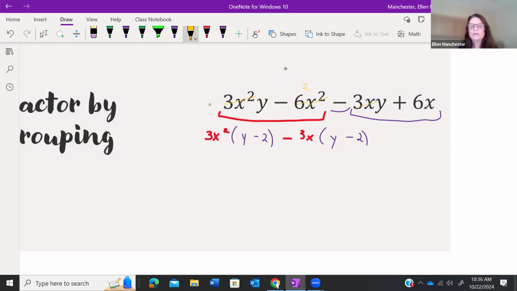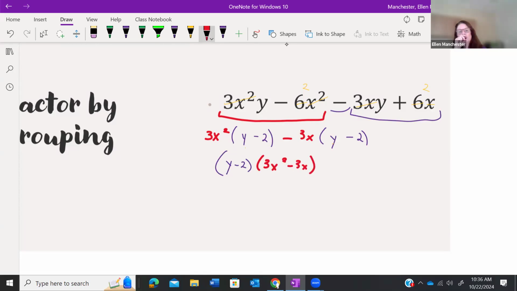Here, the 3x goes away and all you have left is a y. And then this one, the x goes away and all you have left is 2. So there's different ways to see this. If you need to write the whole thing out and show the division while you're still learning it, that's 100% okay.